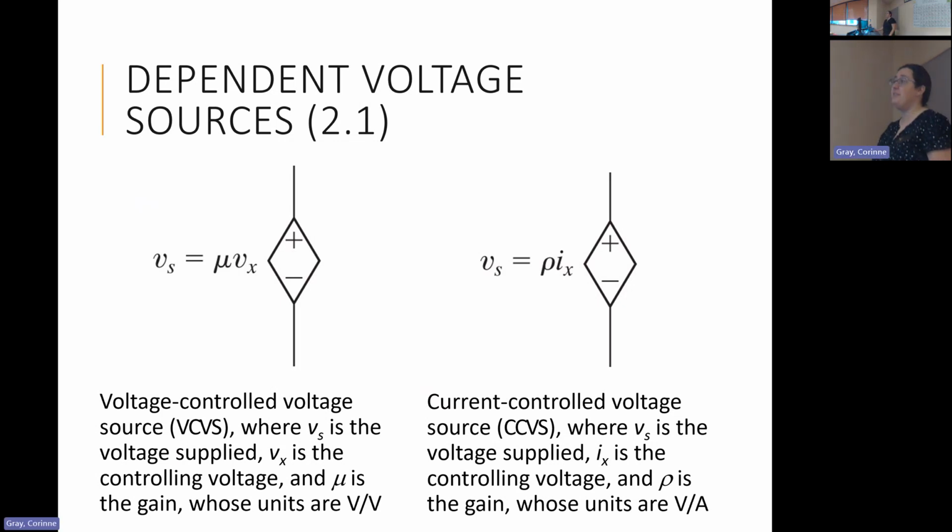Here we have Vs, again the voltage of our source. It's equal to rho times Ix, where Ix is the controlling current, which is somewhere in that circuit, wherever it happens to be. At the bottom, we see that for mu the units are volts per volt, so it's unitless. For rho, it's volts per amp, such that it's going to pop out in volts.